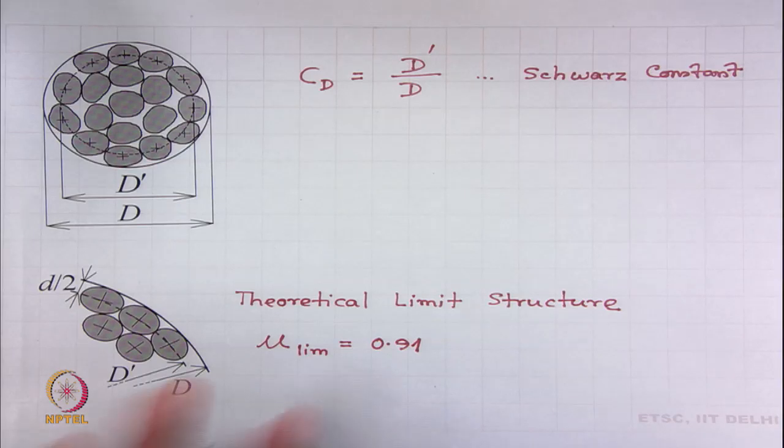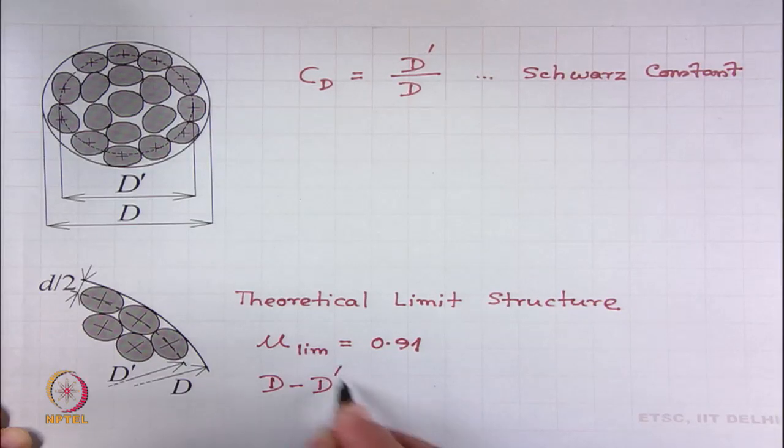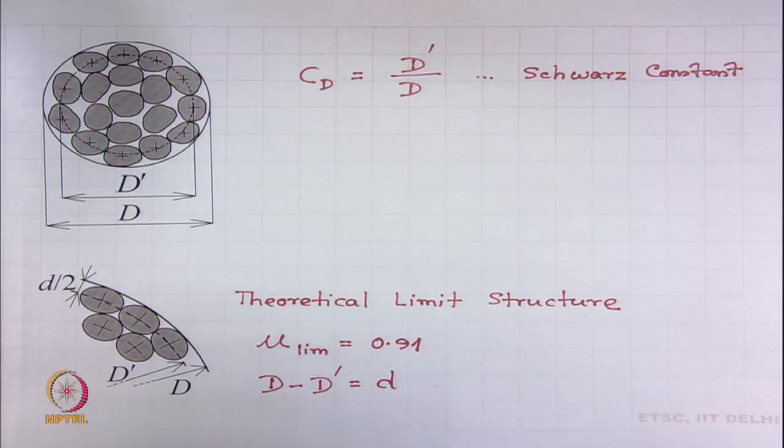This we have done in module 2. So, in this theoretical limit structure, the distance between yarn diameter and D prime is equal to small d. That is basically the distance in case of theoretical limit structure.